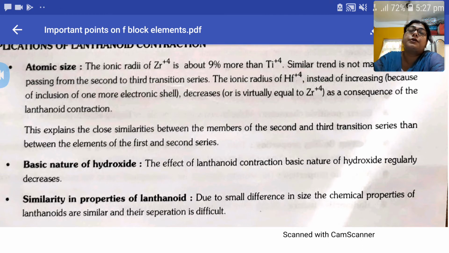So because of the presence of lanthanide contraction, the chemical properties of lanthanoids will be similar, and hence the separation becomes very difficult.